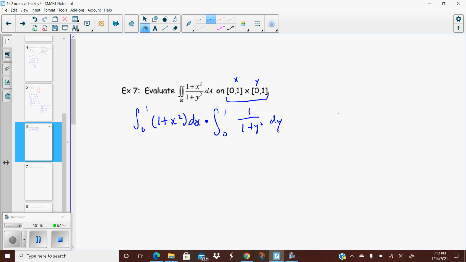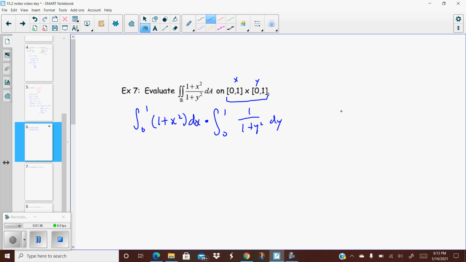Algebraically, they are separated. Just because it said that it has to be things that you could write as products or things that are being multiplied, technically that's still the case. Even though it looked more like division, they're still technically being multiplied together, so we could separate them. So let's go ahead and figure it out.